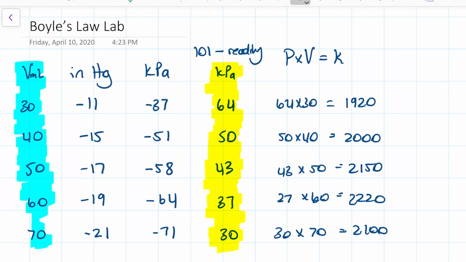Now, these data are all pretty close to a constant number. Given the fact that my vacuum pump was leaking at the seal and the connections were leaking slightly, the data is actually pretty good. So what we're going to do in a moment is we're going to take the data and plot it.